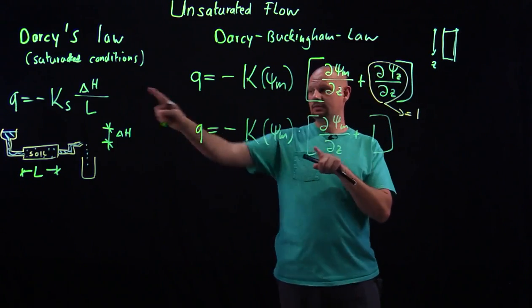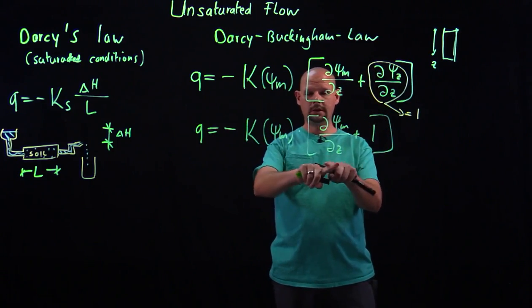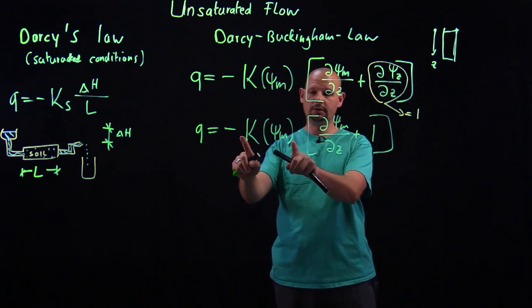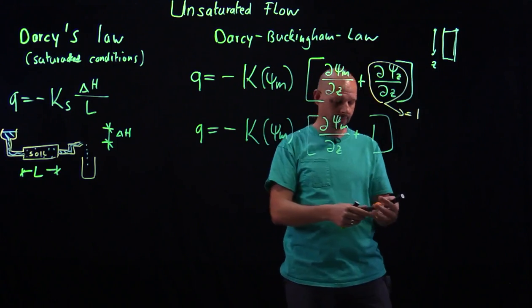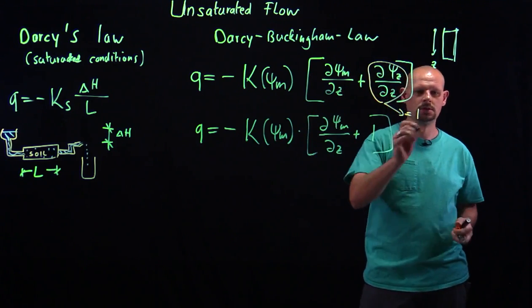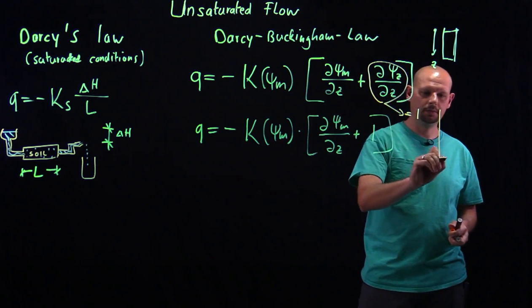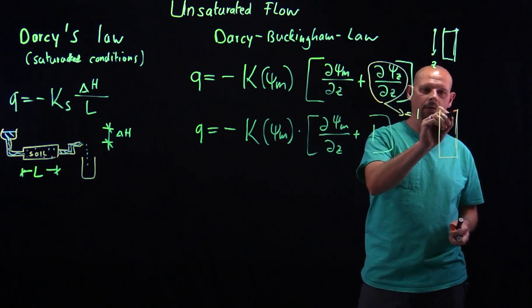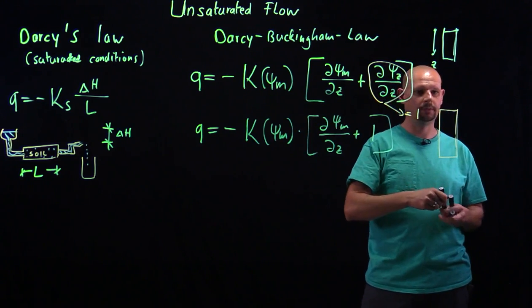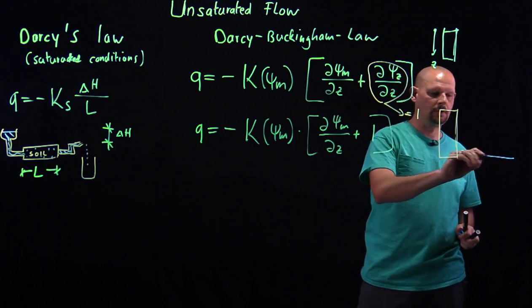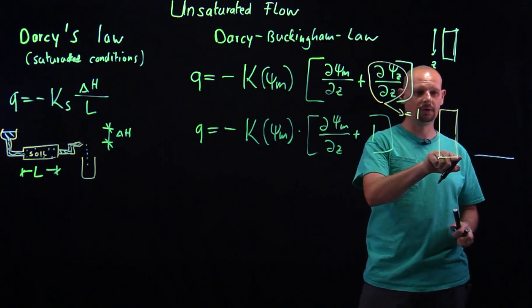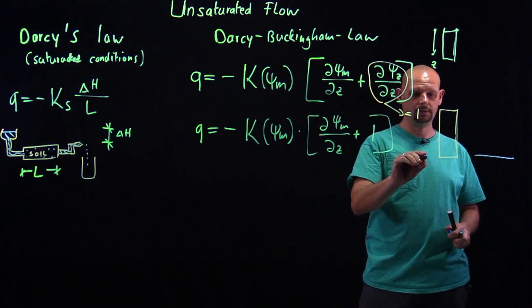So also here, same thing as over there. Any transport can only occur if you have hydraulic conductivity and if you have a gradient. So if we consider a little soil column here, and we look at the potentials, then we'll set the bottom of the column to 0.